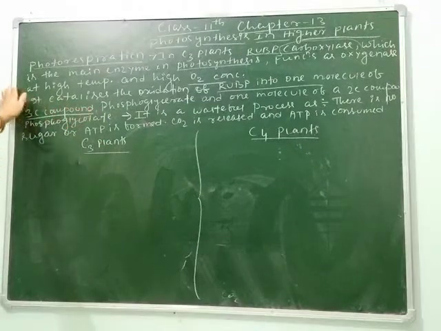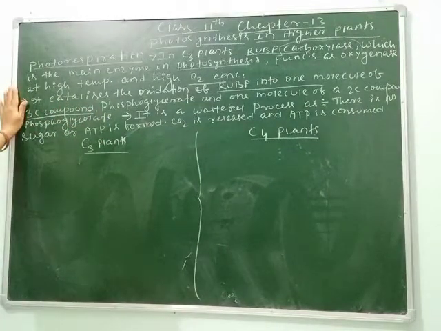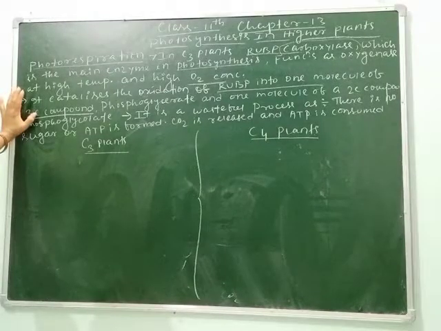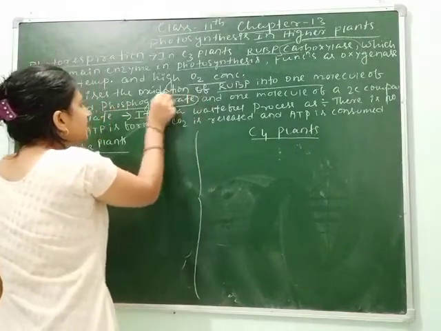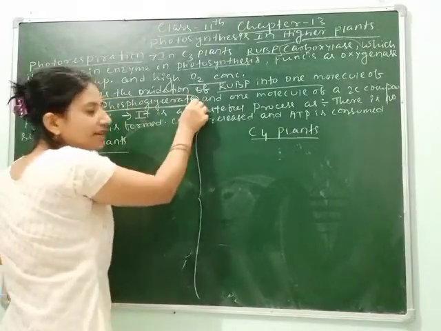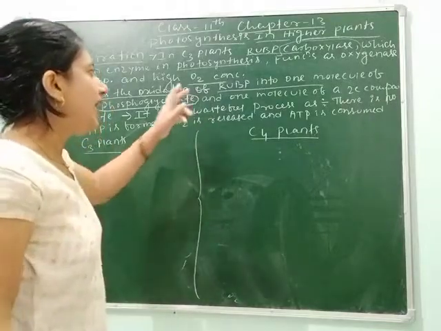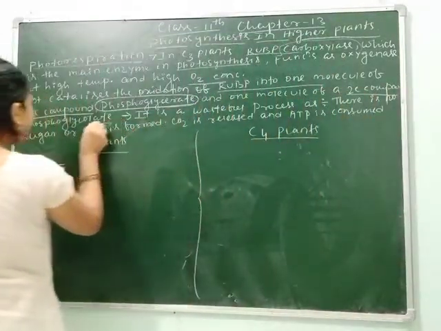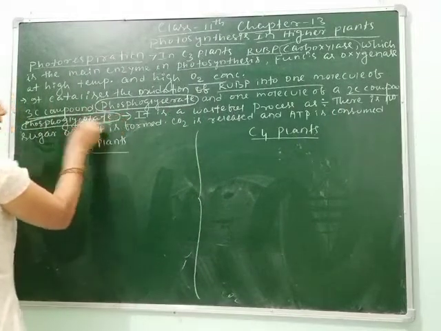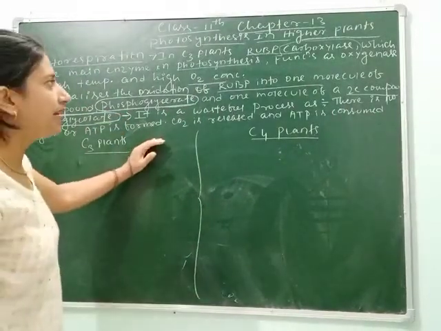Catalyzes means during a catalytic reaction, this enzyme converts RuBP into one molecule of a 3-carbon compound, called phosphoglycerate, and one molecule of a 2-carbon compound, phosphoglycolate. So this is the difference.